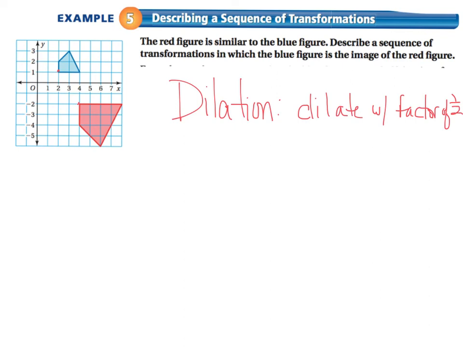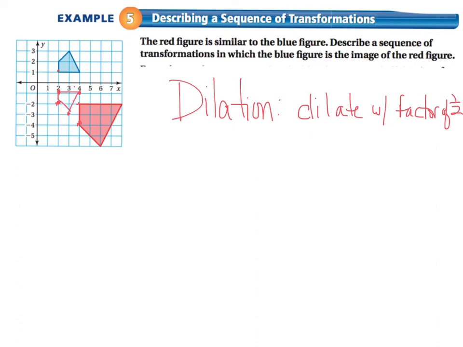So I'm going to take these points. So let's see, (4, -2) would become (2, -1). And it looks like (8, -2) would become (4, -1). This point here would be (4, -4). That becomes (2, -2). And the last one, (6, -6), becomes (3, -3).